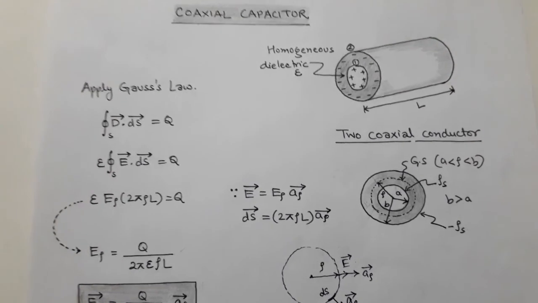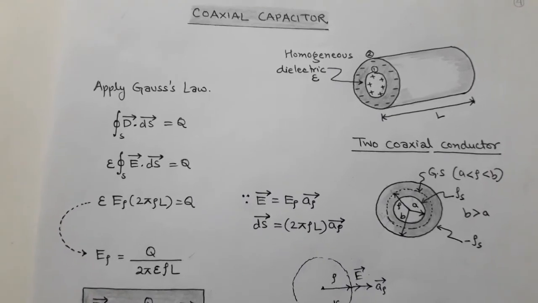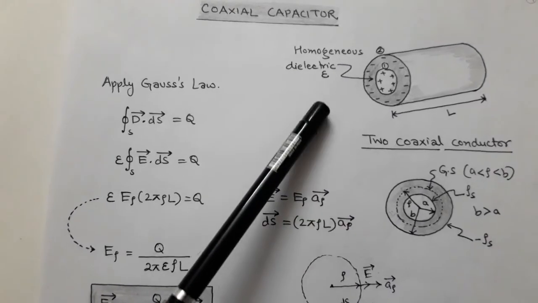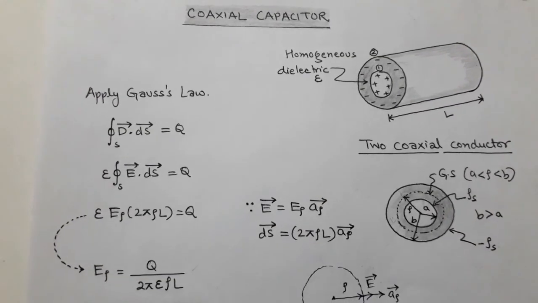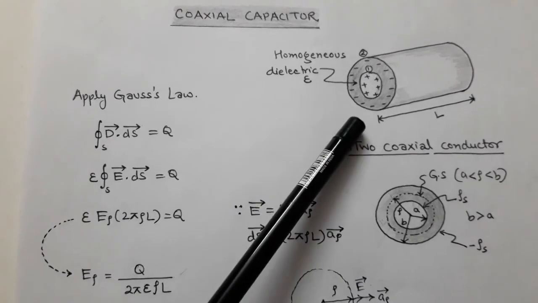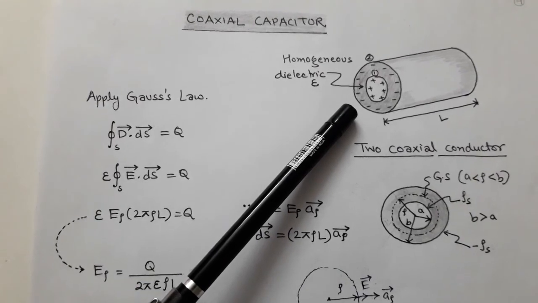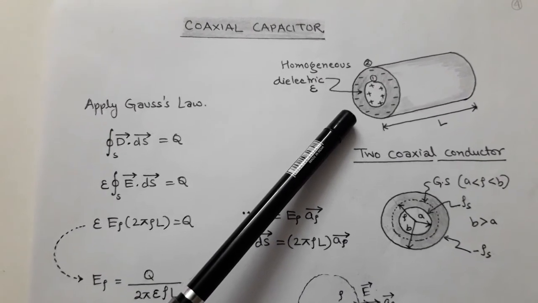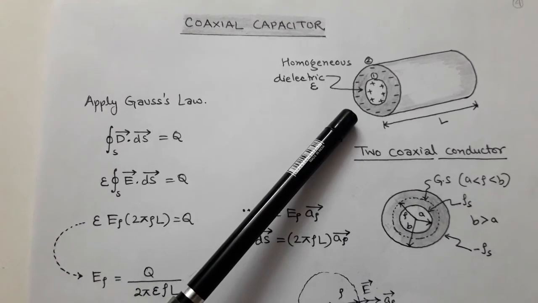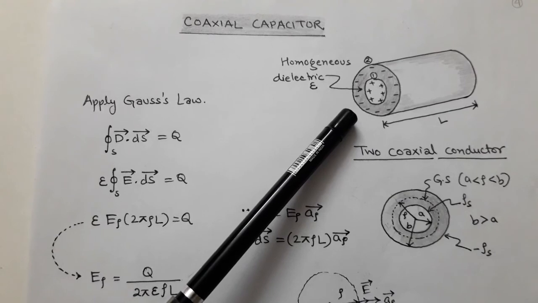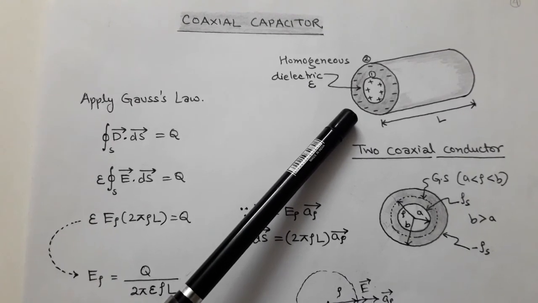The topic is coaxial capacitor. In a coaxial capacitor, the two conducting plates are of cylindrical type. In this, the two cylinders have different radii and are coaxial, meaning both cylinders have the same axis, and one of the cylinders acquires a positive charge and the other acquires a negative charge.